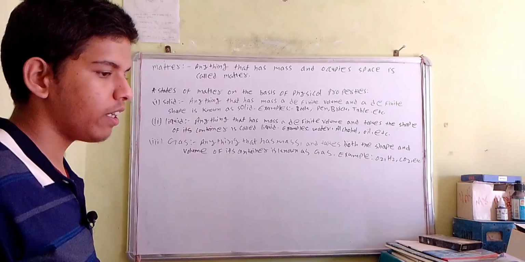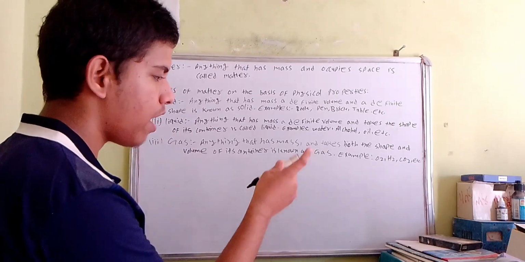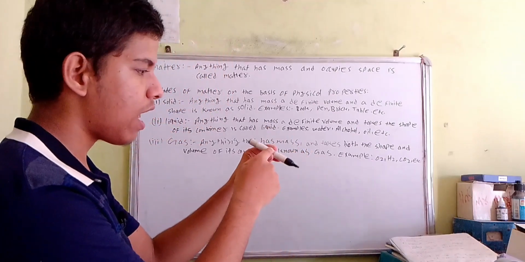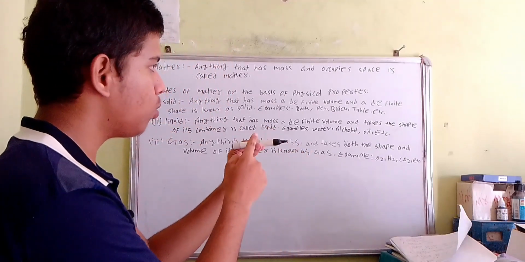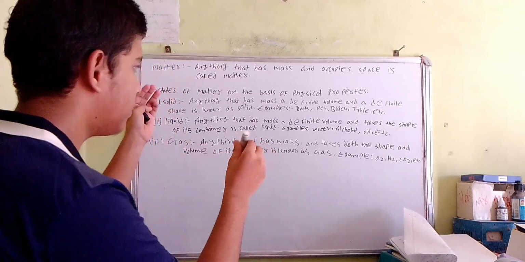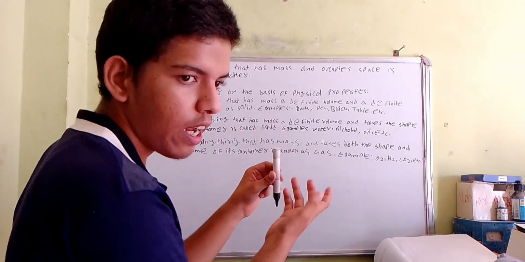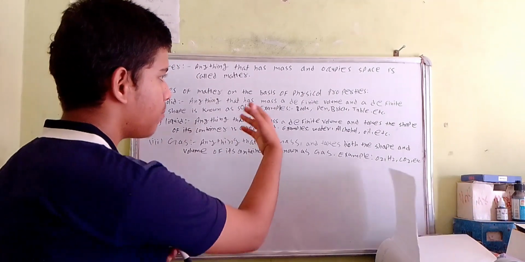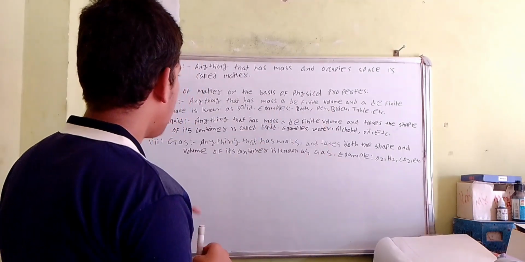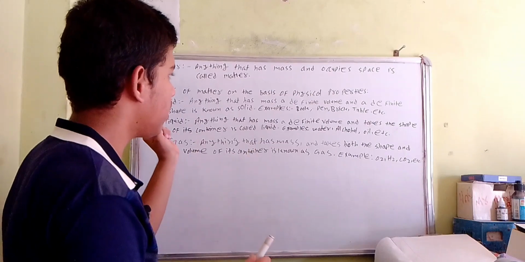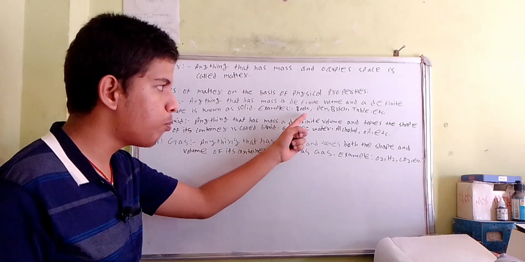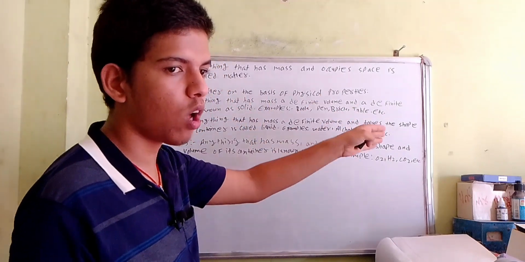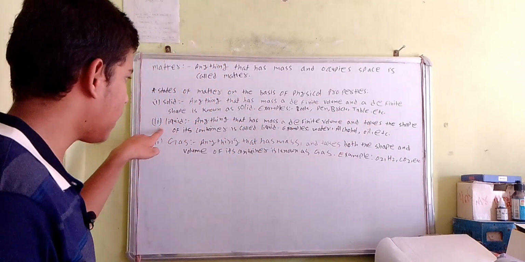This pen, this marker has mass and volume, so it is solid. For example, book, pen, brick, table, these all are solid things.